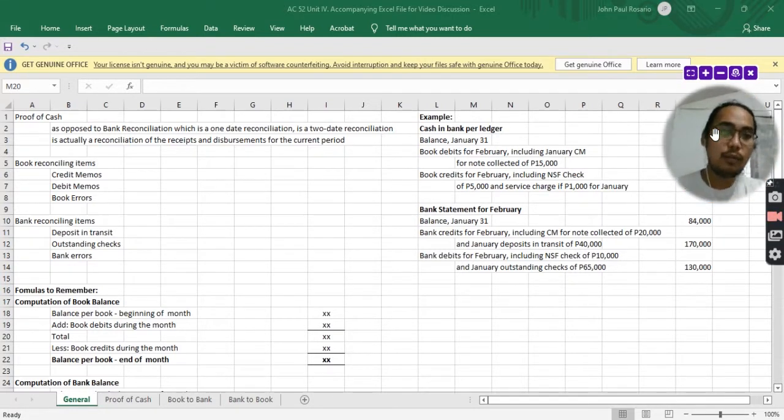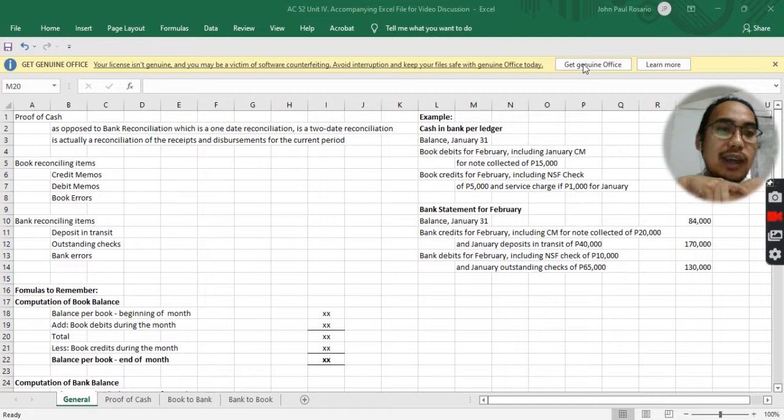So in review of your bank reconciliation topic in unit 3, we have what we call book reconciling items and bank reconciling items. When we talk about book reconciling items, these pertain to items that appear in your bank statement that do not appear in your book.